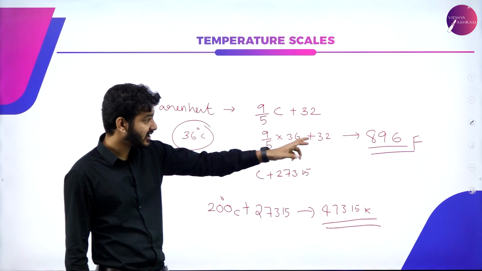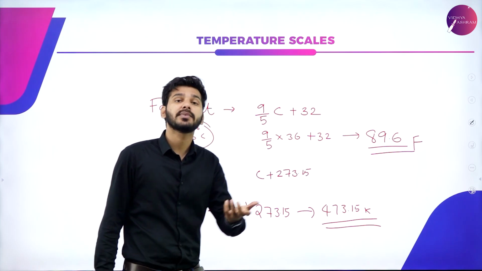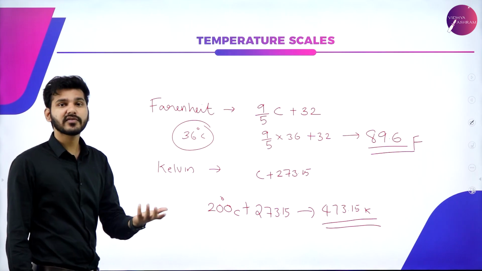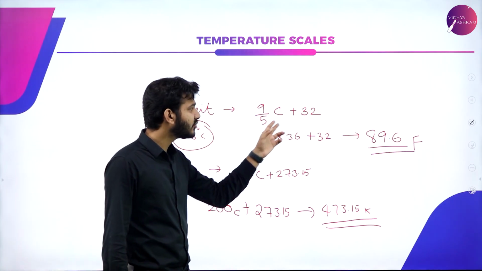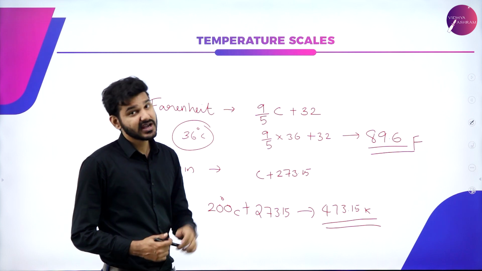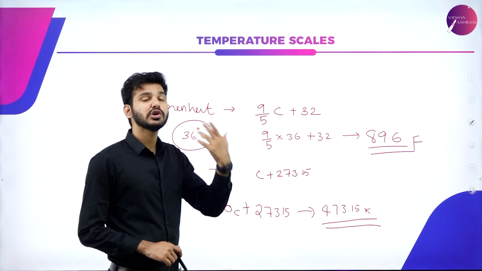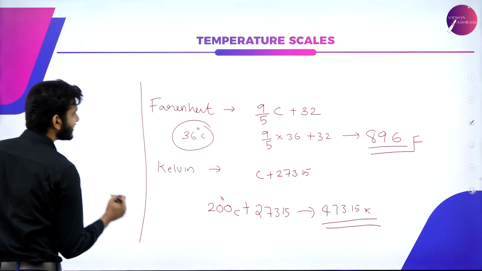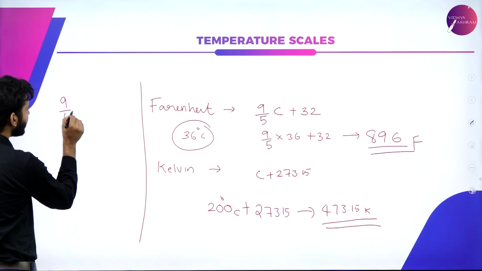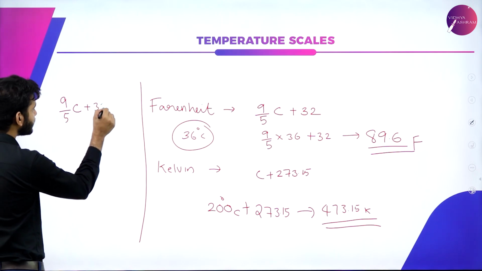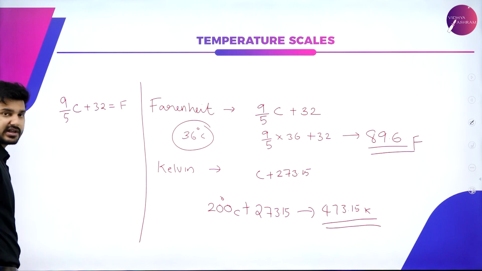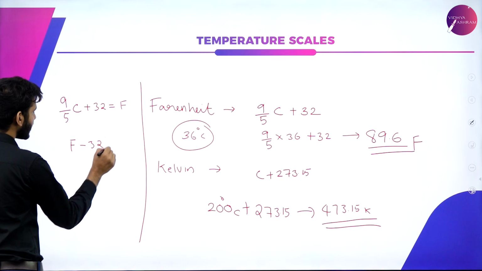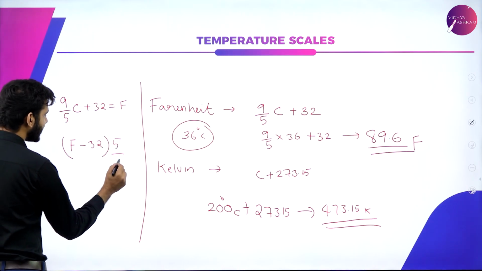And again, if the temperature is given in Fahrenheit and you are asked to convert it into degrees Celsius, what will you do? Simple, you just have to rearrange this equation. If 9 by 5 C plus 32 is equal to the Fahrenheit reading, then if you want the Celsius reading, it is F minus 32, all into 5 divided by 9.